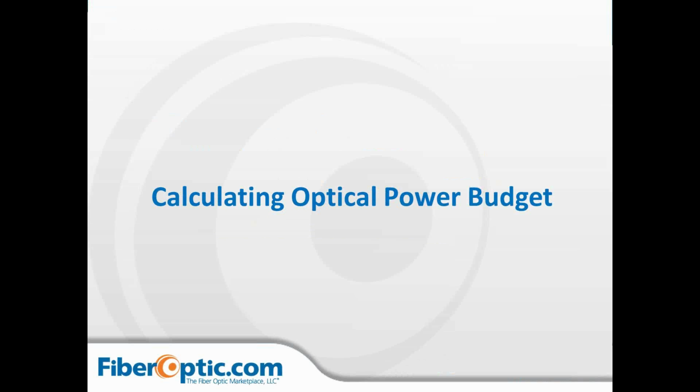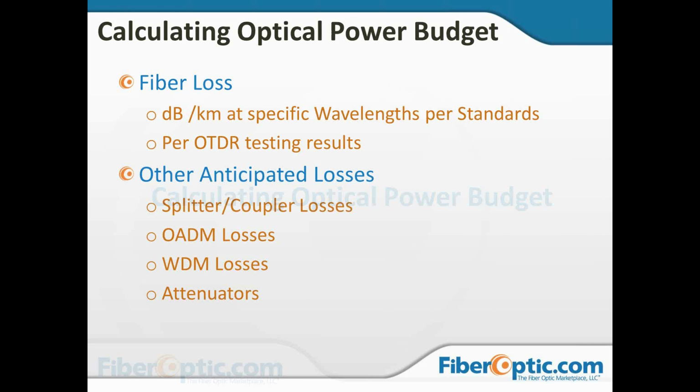Okay, so calculating a power budget. A couple of calculations that we're going to talk about, but first we're going to basically total up all of our losses. So let's look at what some of them might be. Our fiber loss.